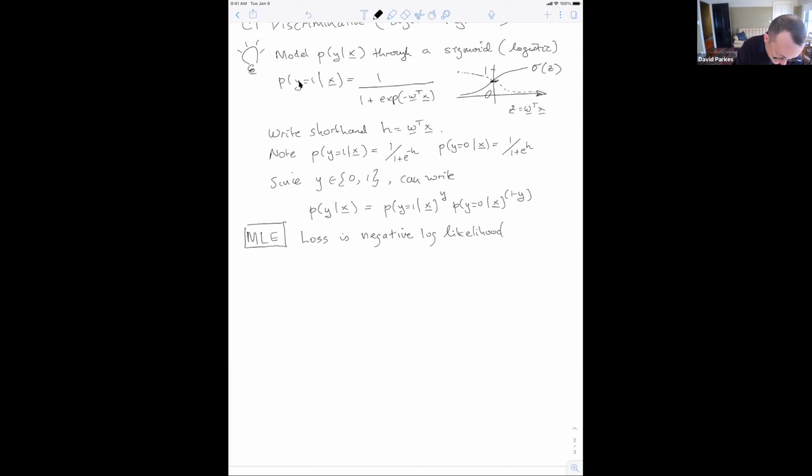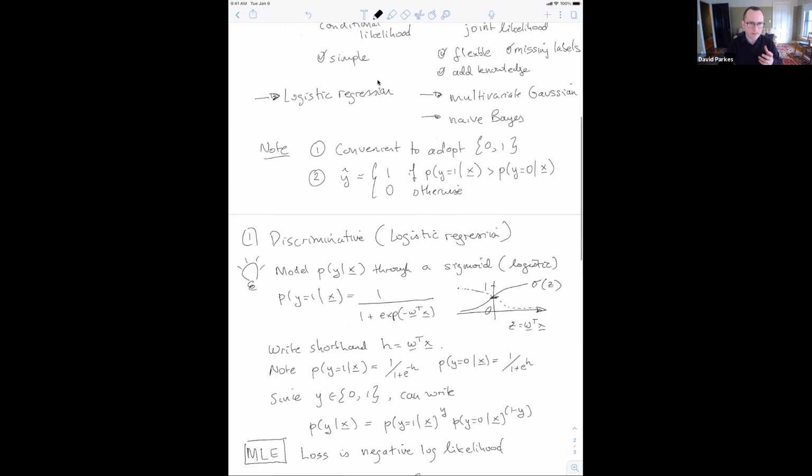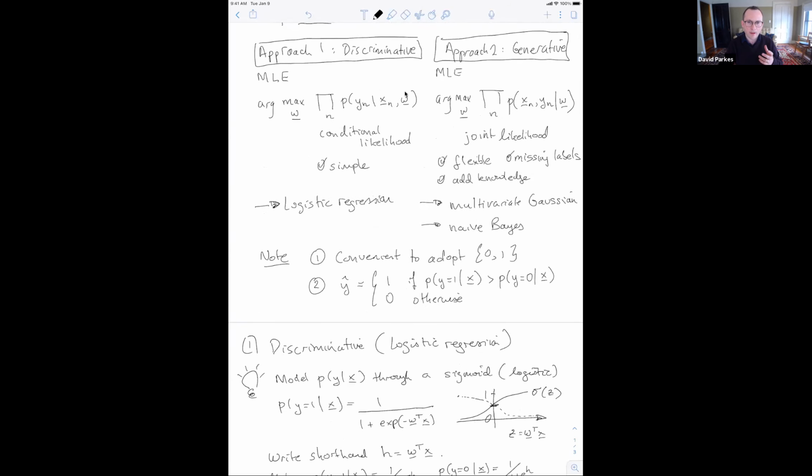So I'm going to write down the following loss function. When I take the log of the product on the data and negate, I get a summation, and this expression. So remember I had this product here. So I'm taking the log of this, so I get a summation, and I'm negating.